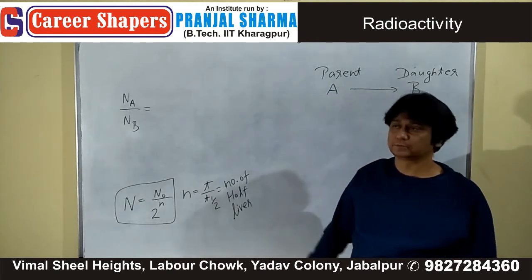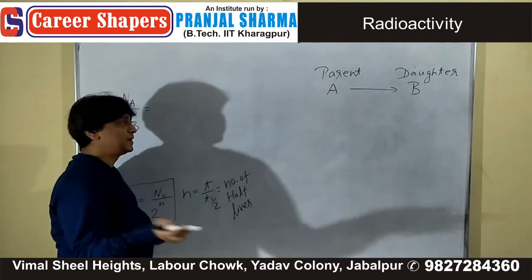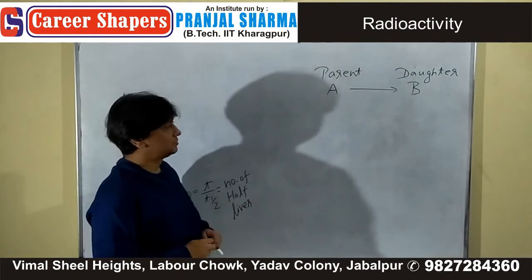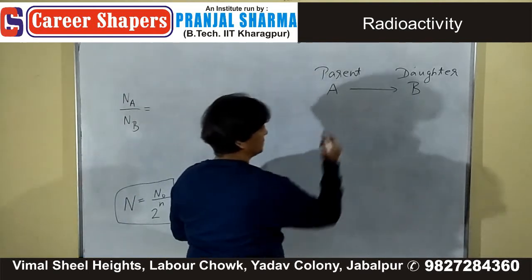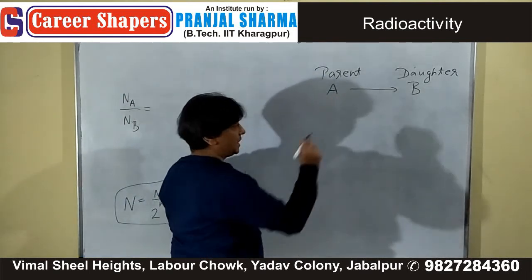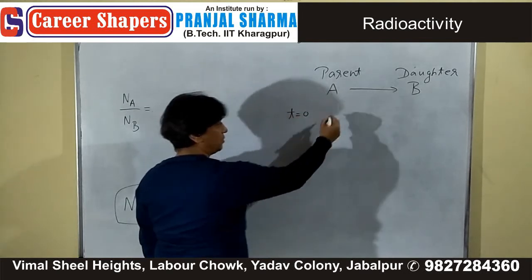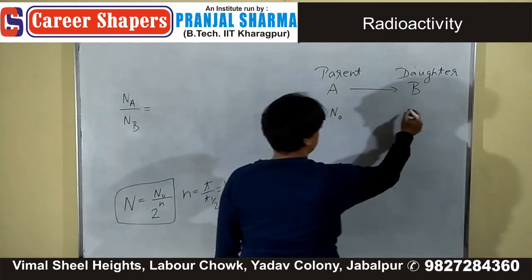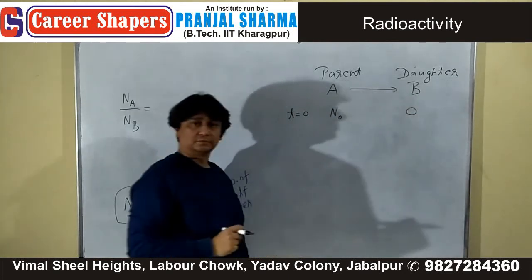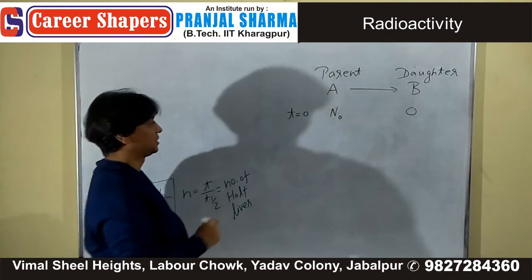Pause the video, go for the question and then come back and see the solution. One way of answering the question is this. When t is 0, A is present, B is not present. Only A is present.